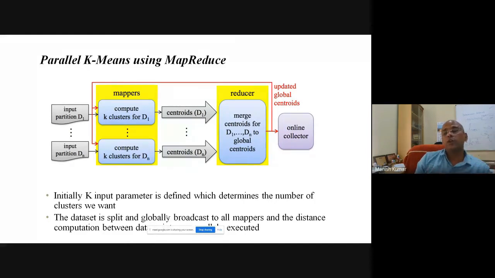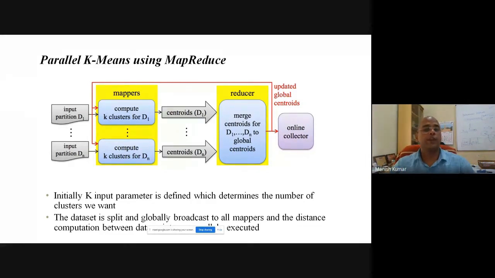We can make use of multiple systems, or even a single system with multiple cores, and assign the data to multiple systems or terminals, and individual terminals can process the data or execute the methods in parallel. Intermediate results may be shared with all the mappers if required, and finally the final results are reduced in the reducer component, and you get the output of the final clusters.